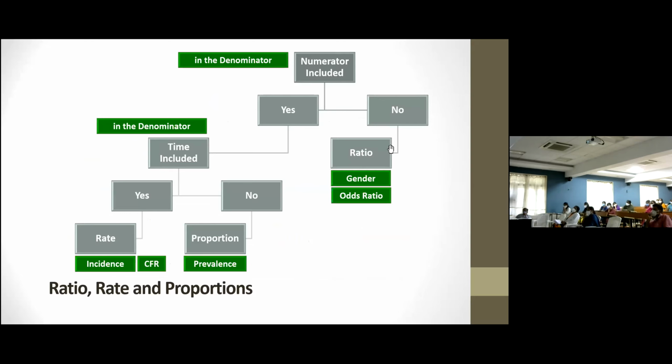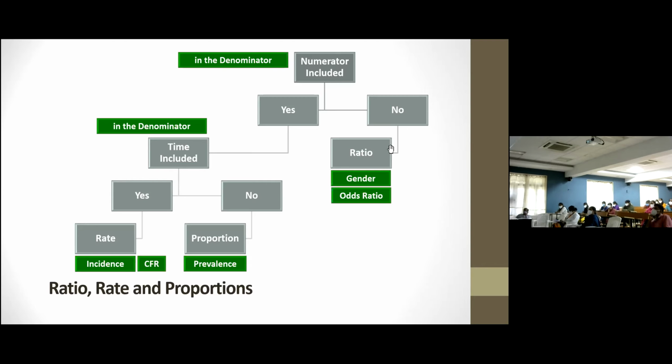If the numerator is also included in the denominator, for example you have 100 people who died out of 1,000 people who were admitted, where the denominator includes people who died and did not die, then it is yes; if not, then it becomes a ratio. So 100 people have died, 1,000 people are admitted, 100 by 900 will be the ratio of death.